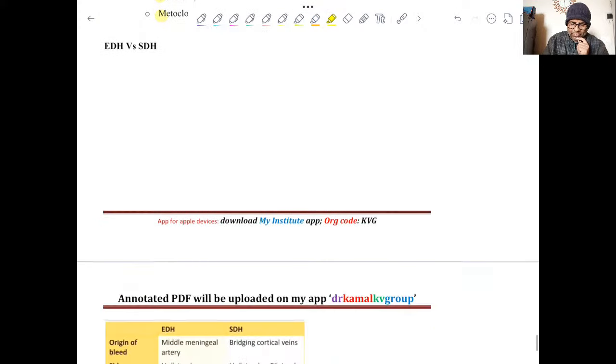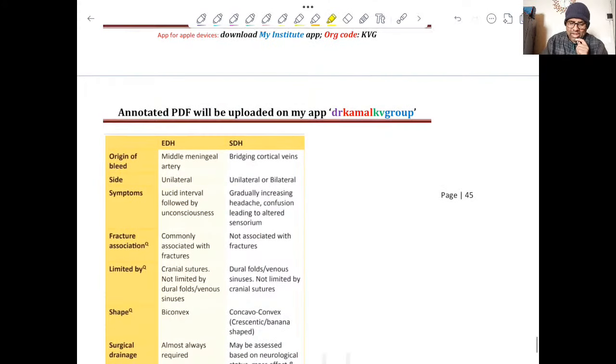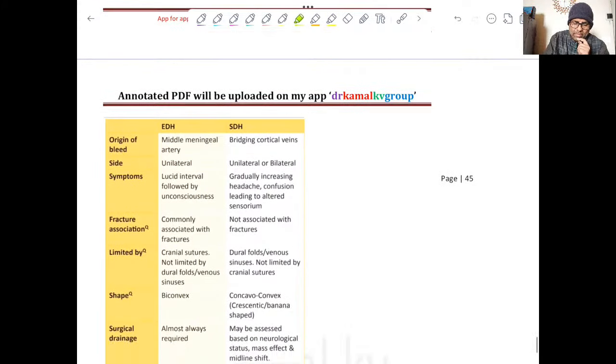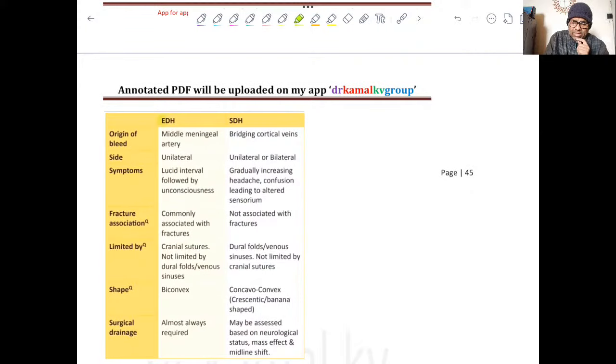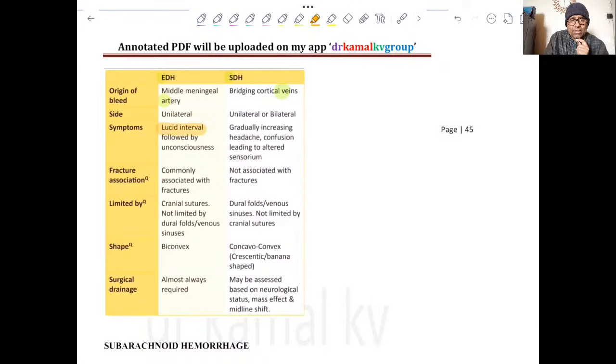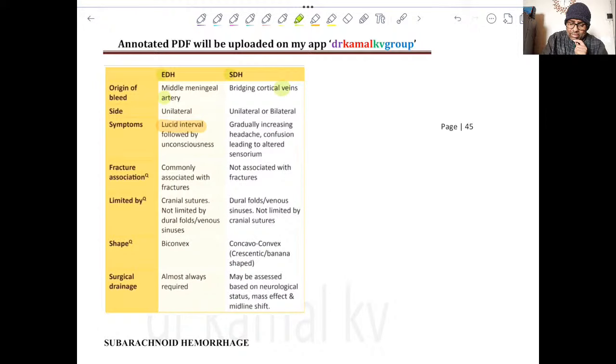Then moving forward to extradural hemorrhage versus subdural hemorrhage, just 2-3 differences which you should know. That extradural is arterial, subdural is venous. Clear? Then second, there is a lucid interval in extradural, and there is no concept of lucid interval in subdural, right? And then this extradural is limited by cranial sutures, and the subdural is limited by the dural folds.